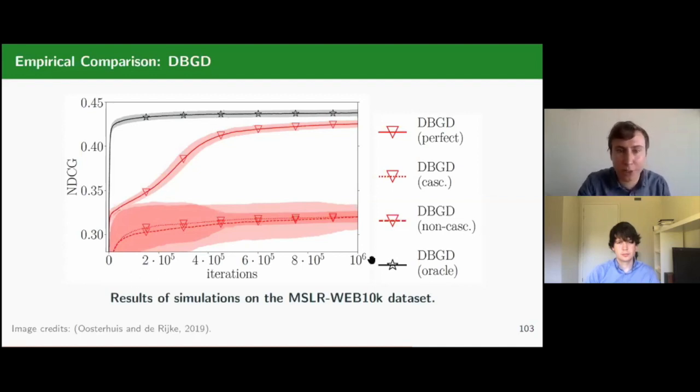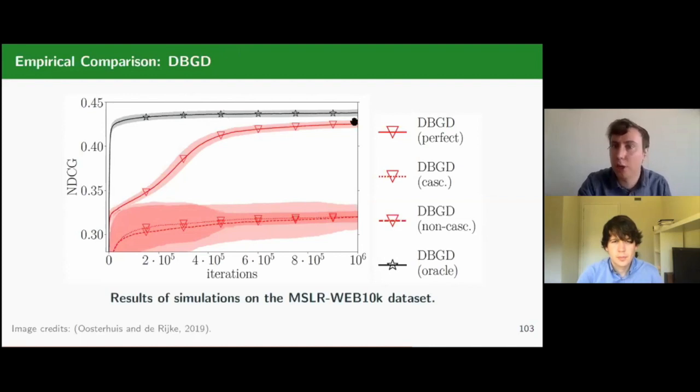And then for many iterations, we see that the oracle method obviously performs better than the others. And we also see that the noise variants are suffering a lot. And the perfect method still has a user setting that results in being able essentially to infer perfect user preferences, but even that does not get close to the oracle.